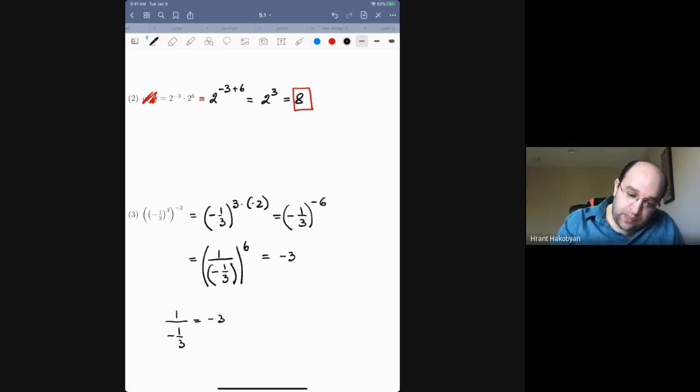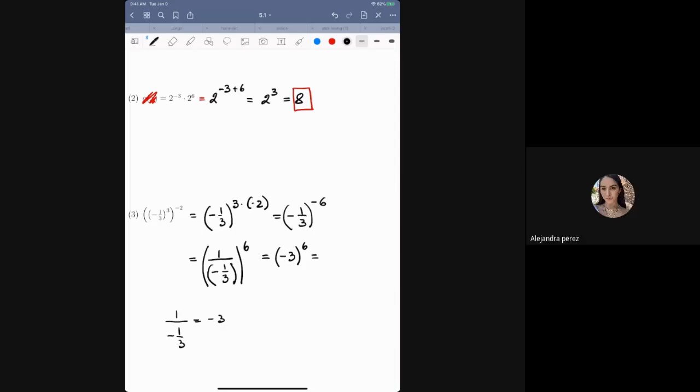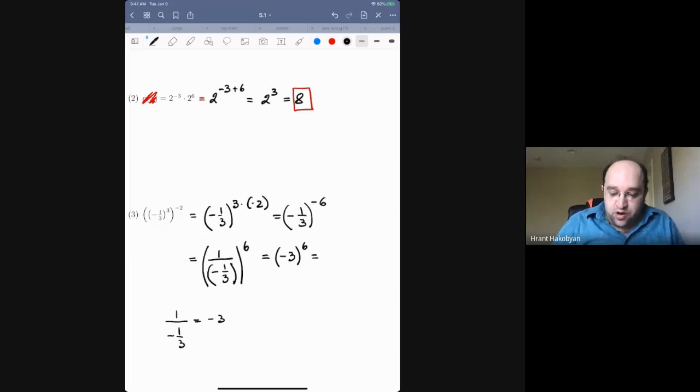So I'm going to raise that to power 6. Now I'm raising negative 3 to power 6. 6 is an even number, so when I raise something to an even number, it's always going to be positive, right? It's like squaring. So it's the same as 3 to power 6.